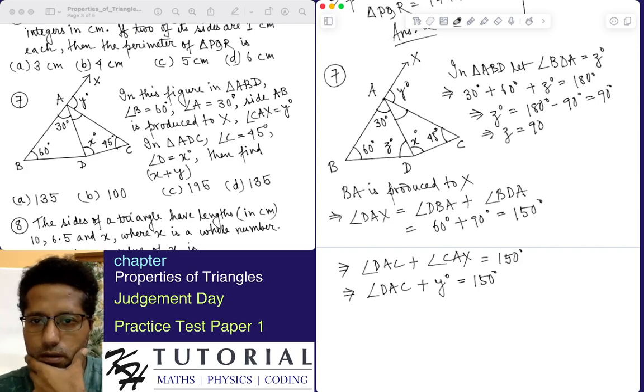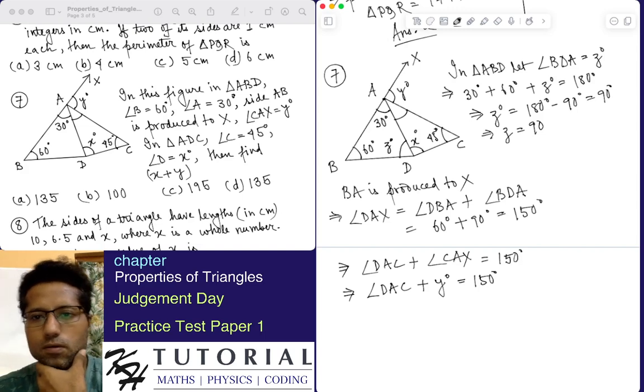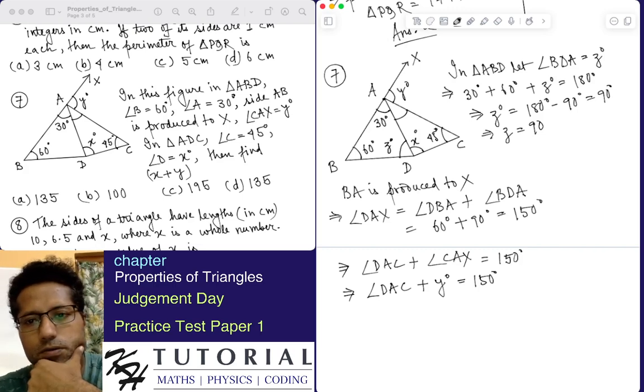How is angle DAX found? Angle DAX is equal to 60 plus 90. Oh, okay. Angle Z is 90 degree. So angle DAX is the exterior angle, which is equal to 60 plus 90, that is 150. Now angle DAX is equal to angle DAC plus CAX.